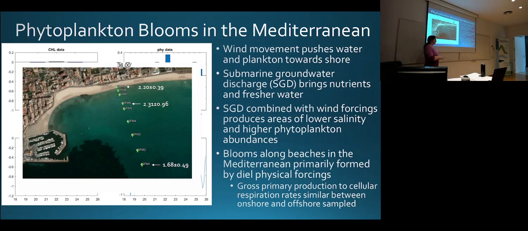It's looking at how fast it is growing versus how much energy it is utilizing. Respiration is used as a proxy for how much carbon you are consuming, and growth is how much you are producing. You can see these numbers are relatively similar. There isn't much growth difference between further onshore and further offshore. Even though we're getting a lot more phytoplankton onshore, they're not growing any faster than the ones offshore.